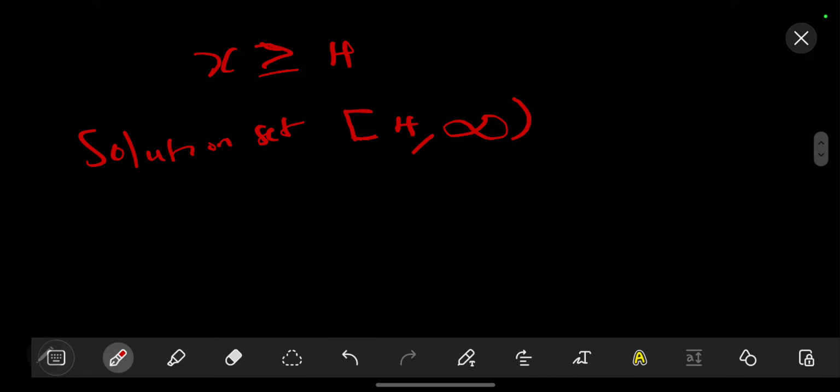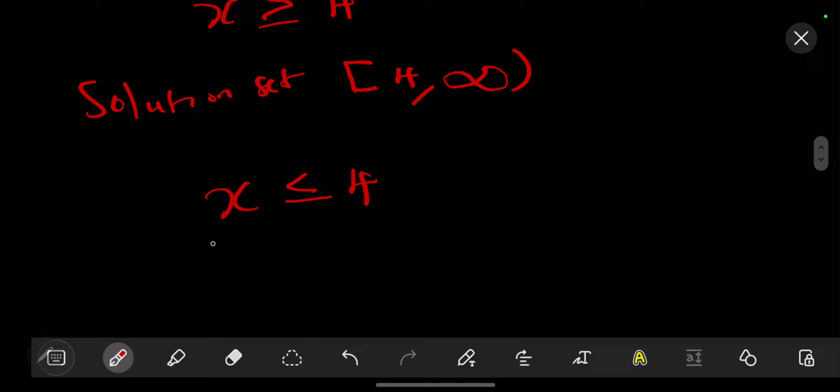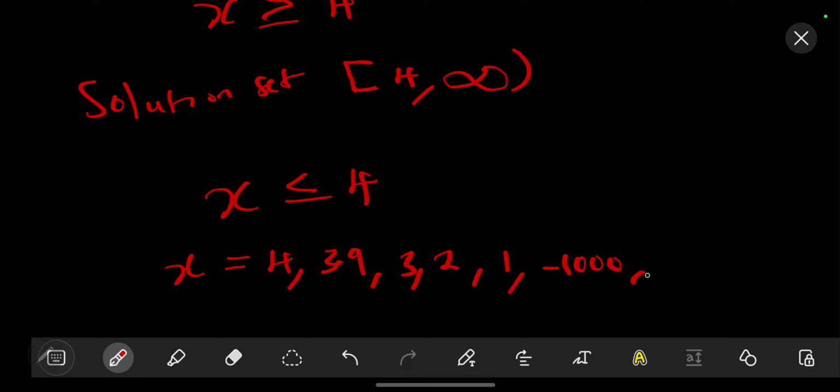Just for reference, in case the answer that we found was something like x should be less than or equal to 4, this means your x value could be 4, but other values should be less than 4. Let's say it could be 3.9, it could be 3, 2, 1, it could be negative 1000, or even more negative, we can keep adding the zeros.